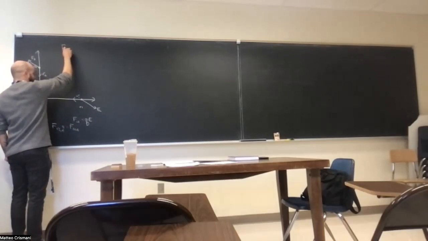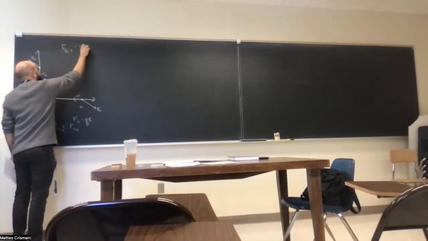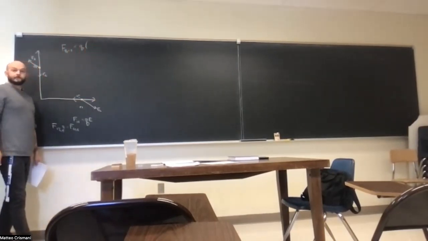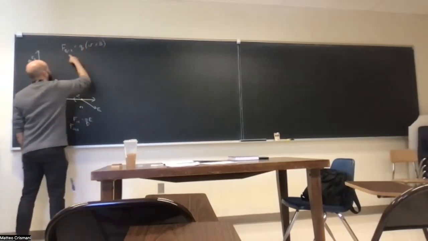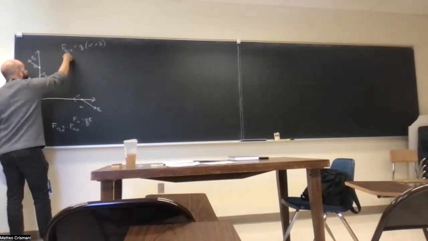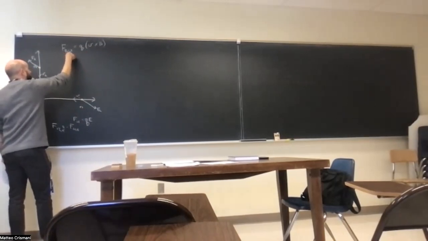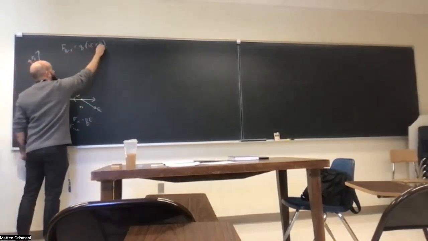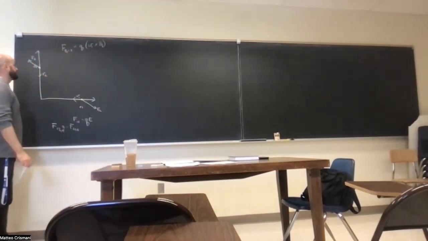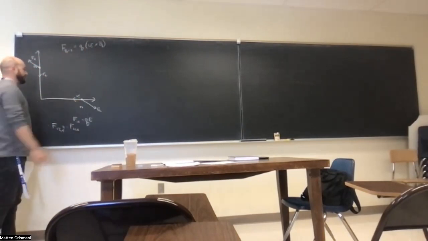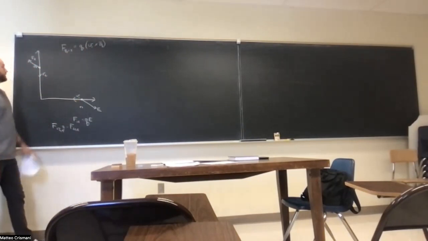And those have the form V cross B. Specifically, if we want to look at this one, this is the force on one from two. So let's work this out. What is the force, V cross B, for this one?